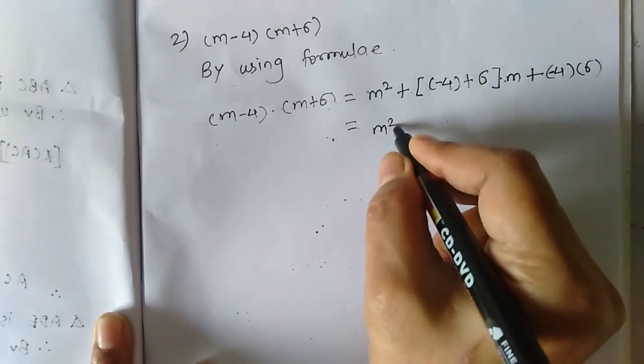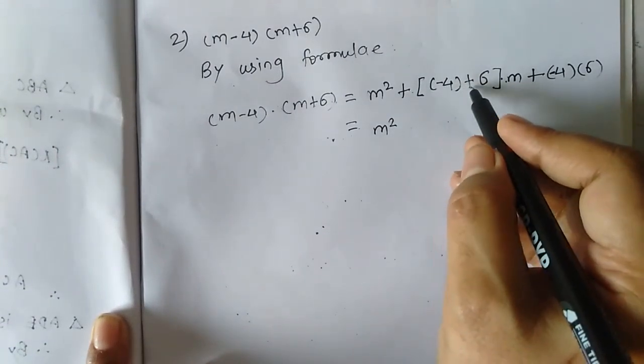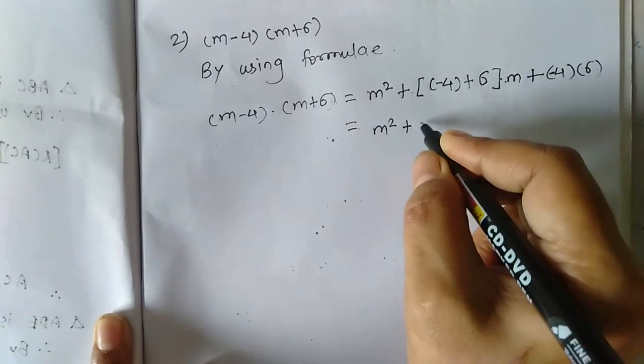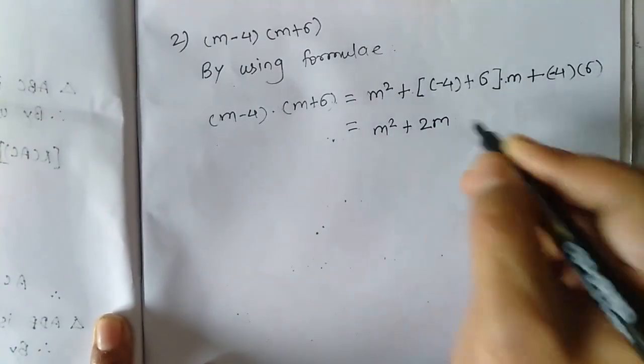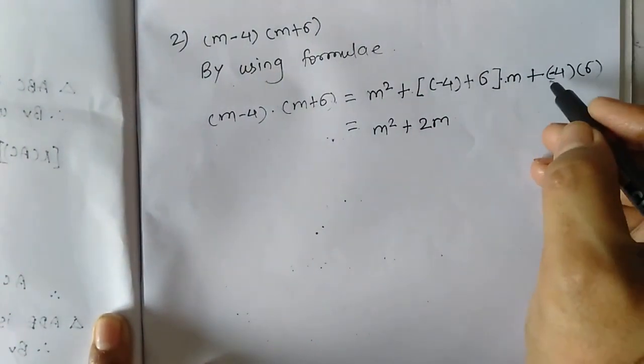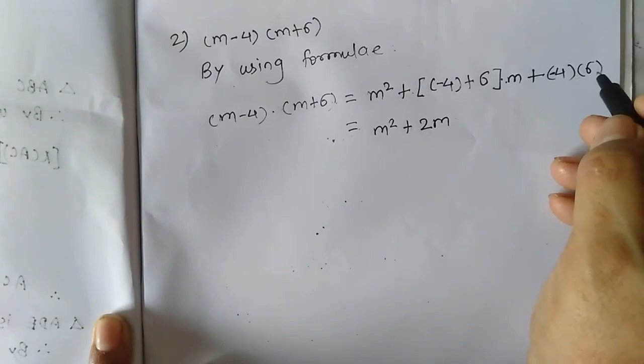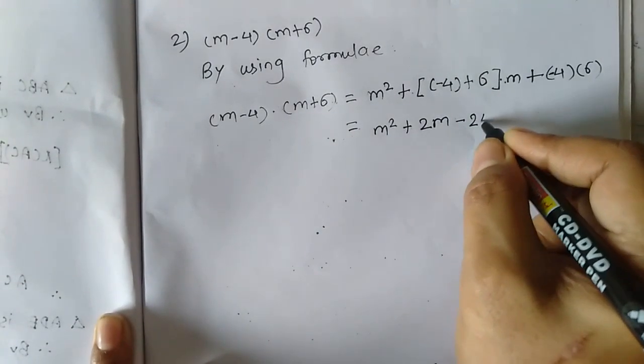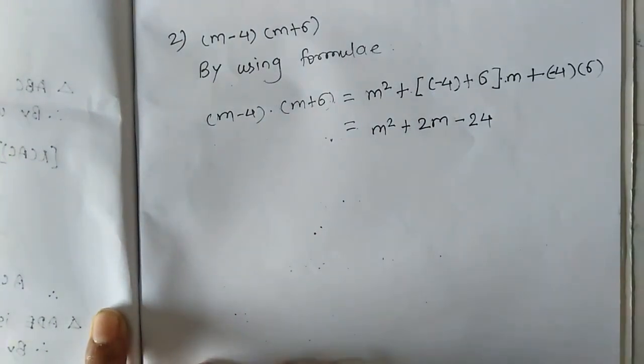Therefore m square as it is, minus 4 plus 6 is plus 2 into m, minus 4 into plus 6 is minus 24. This is the answer.